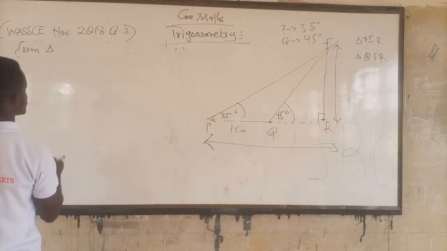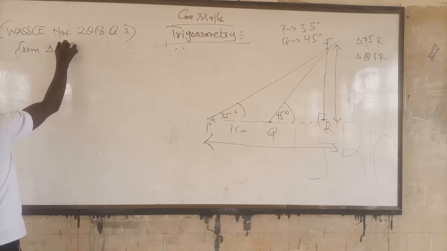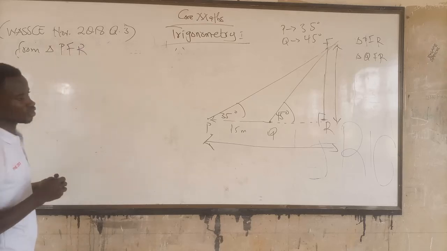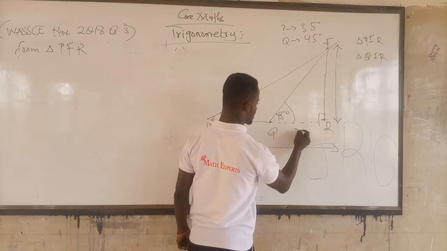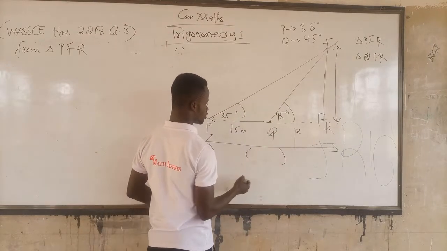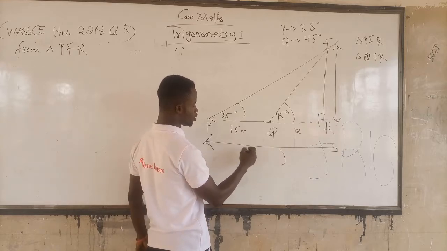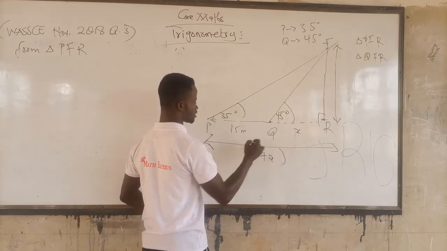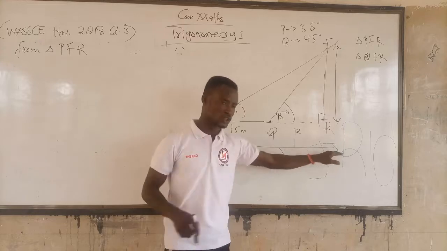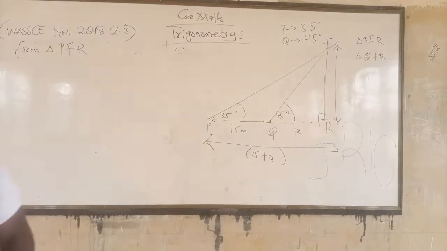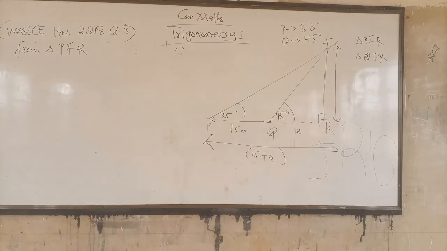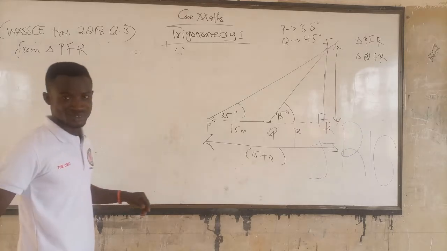From triangle PFR, let's assume that here is X. So, if you are considering the bigger triangle, then this is going to be 15 plus X. That is the foot of it.